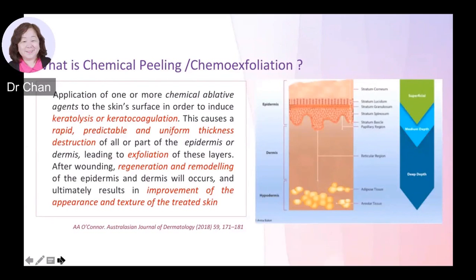This causes a rapid, predictable, and uniform thickness destruction to all or part of the epidermis or dermis, leading to exfoliation of these layers. After the wounding process, regeneration and remodeling of the epidermis and dermis will occur and ultimately result in improvement of the appearance and the texture of the treated skin.